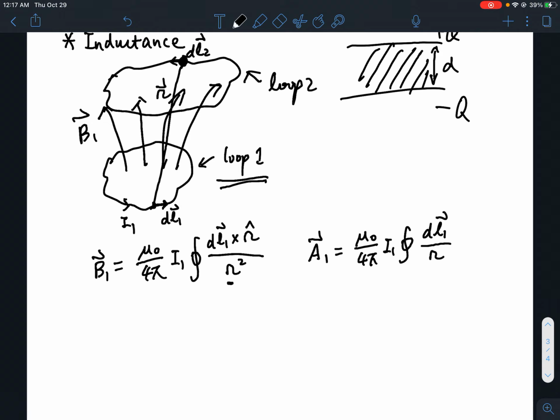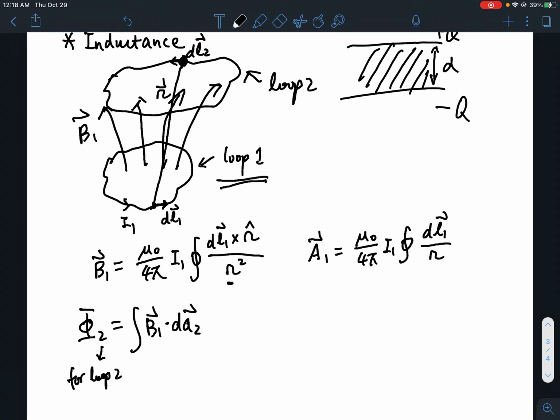Now if we want to calculate the overall magnetic flux for loop 2, you can see that for each point I know the B field value, so in principle I just need to do a surface integral.